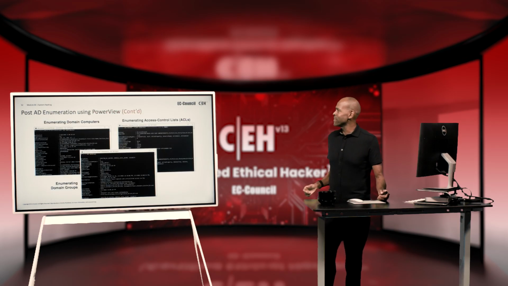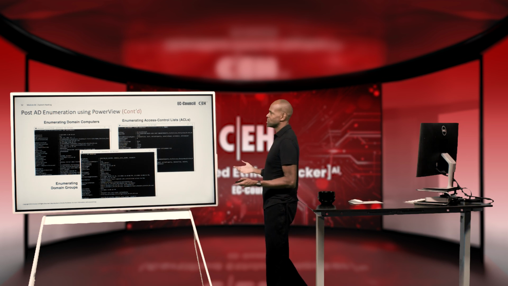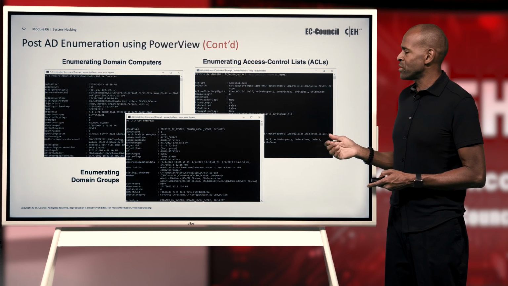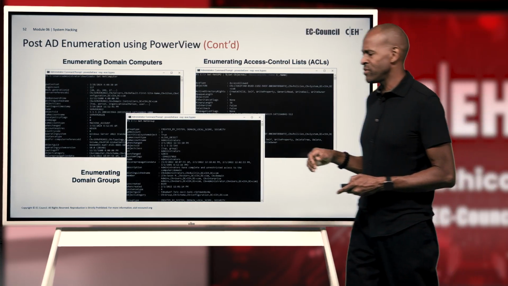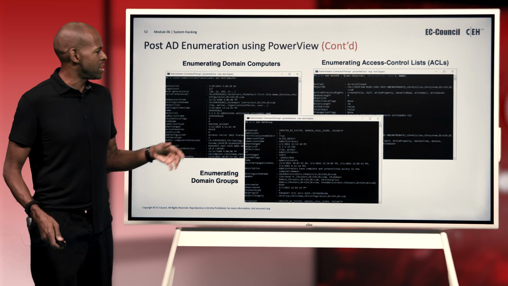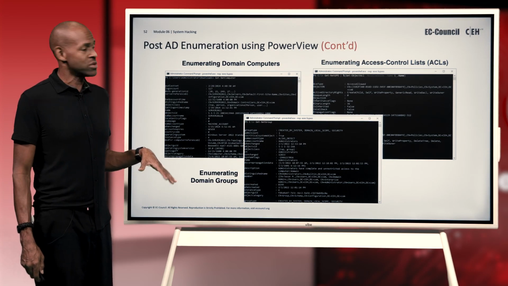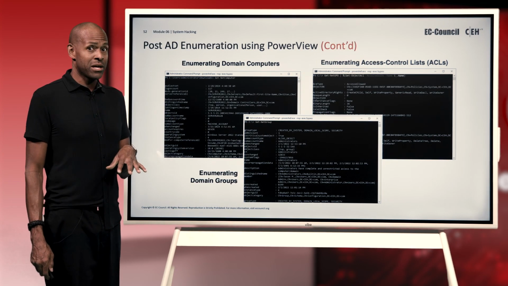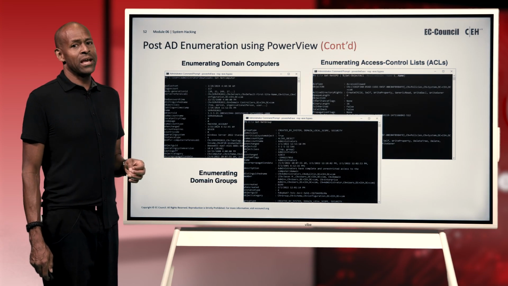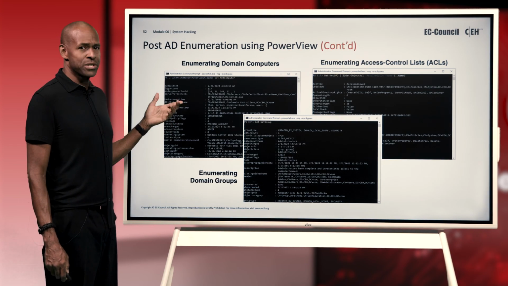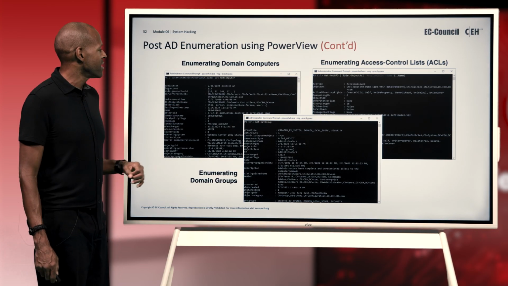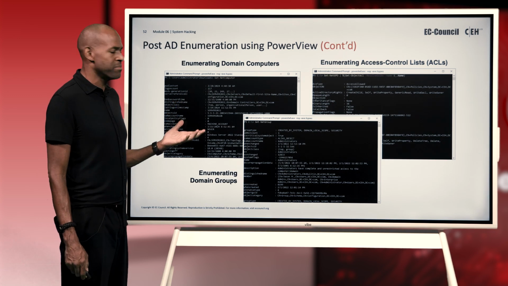All right, next thing we look at then is a couple of other tools for AD enumeration. We're finding existing domain computers. Let's actually have a look at that. Let's go over here to the left-hand side and look at some of these commands. If you're running Windows right now, you can right-click on the Start icon on the bottom left-hand corner of your screen and go to PowerShell with admin, and then give it the admin login, and then type in Get-NetComputer.